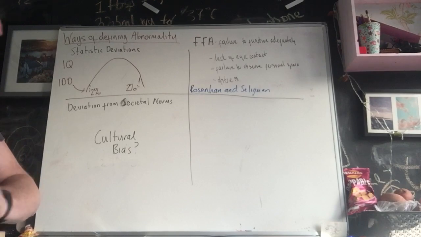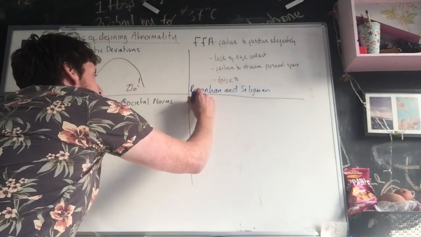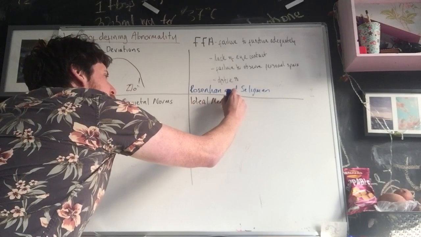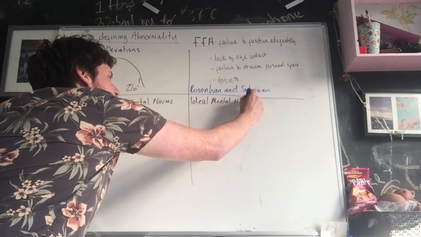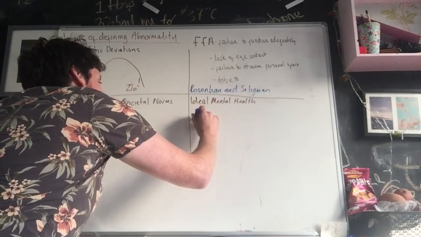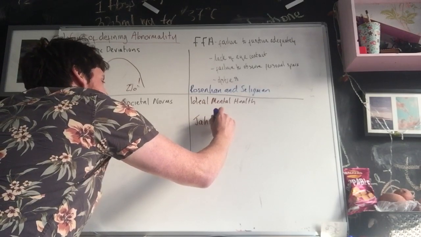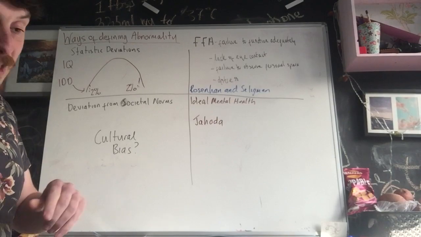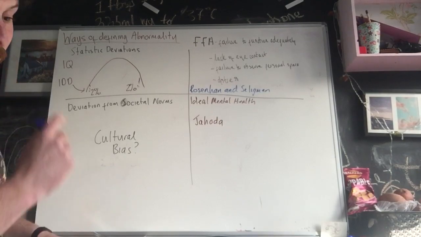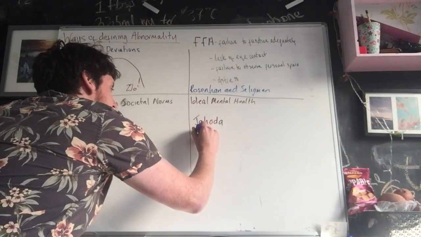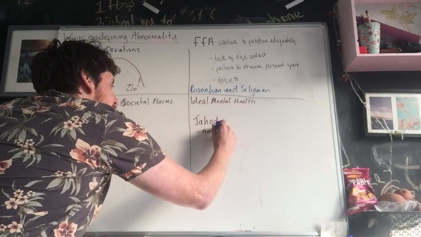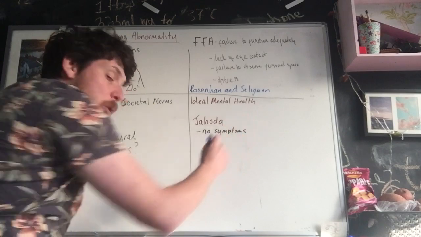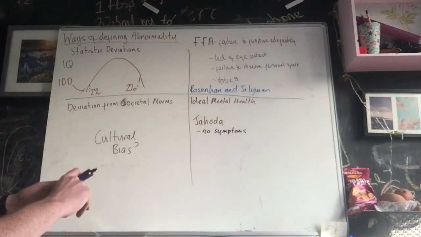The final one is deviations from ideal mental health, and this was put forward by psychologist Jahoda. Now, this is quite a comprehensive list. Jahoda's model is people who have no symptoms or no distress.